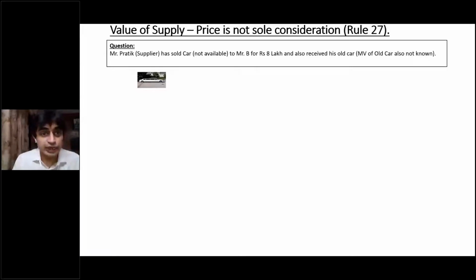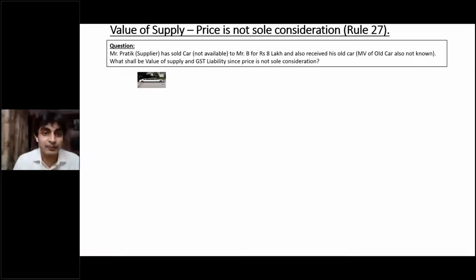Market value of the car is not available. गाड़ी मुझे 8 लाख में बेची, market value उसका नहीं पता. In return, I have received 8 lakh rupees, and I have also received an old car. But old car भी जो मिली है, उसका भी market value is not known this time.